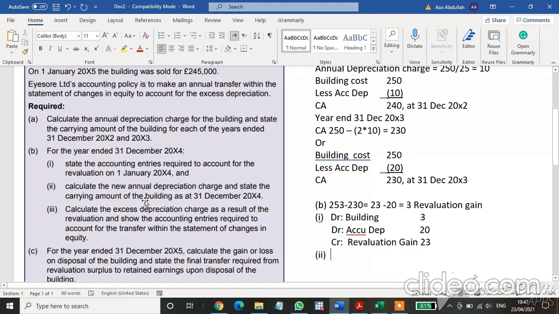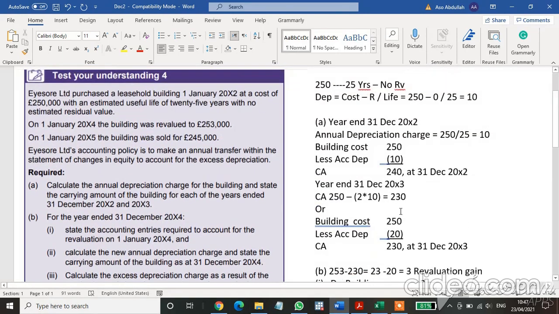Second part, it says calculate the new annual depreciation charge. So obviously the new value of our building is 253,000, same as here. How are we going to calculate depreciation?